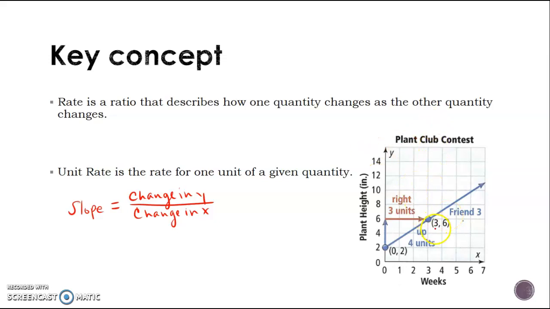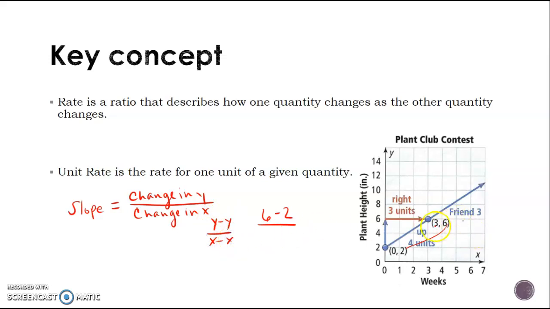So we have the points (3, 6) and (0, 2), and so my suggestion, instead of counting our rise over our run, is that we'll take 6 minus 2, right? Y minus y over x minus x.